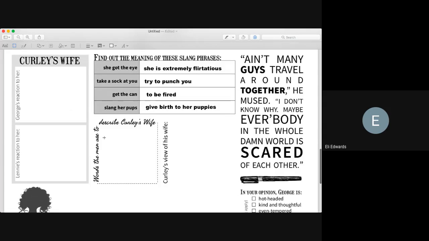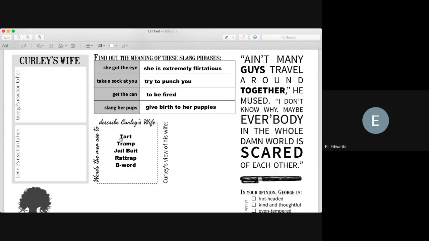Words the men use to describe Curly's wife. Let's write those out and talk about those for a second. They call her a tart, which back in the day is like what nowadays people would probably call a hoe or something like that. A tramp, they call her jail bait, rat trap, and they call her the B word.